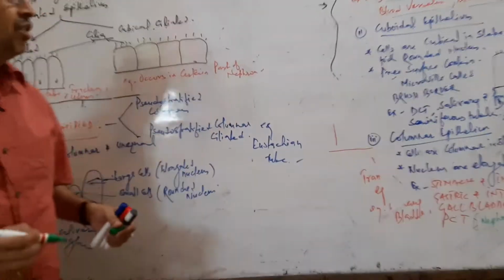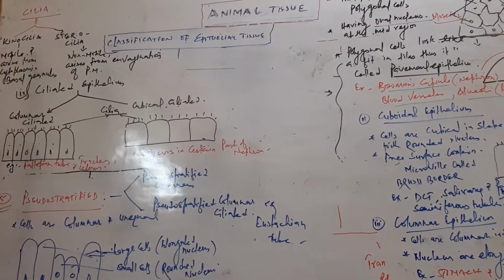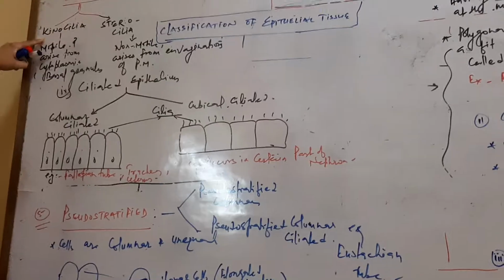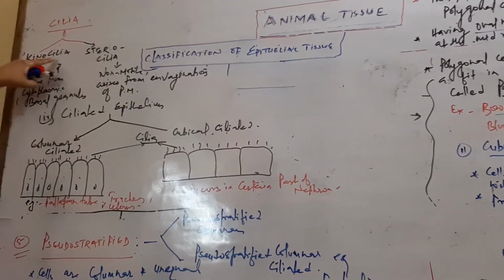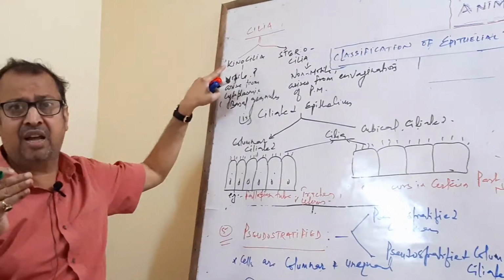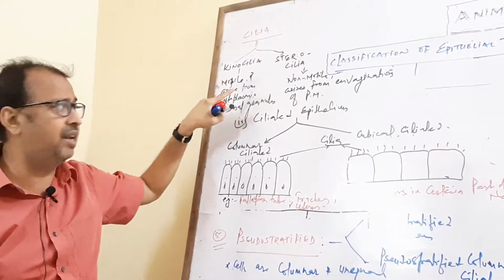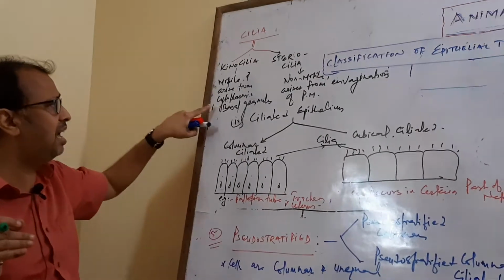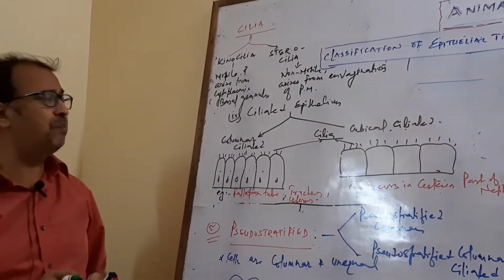Another one is ciliated epithelium. First we come to know about the cilia. There are two types of cilia, kinocilia and stereocilia. Kinocilia are motile cilia and stereocilia are non-motile. Motile cilia arise from cytoplasmic basal granules.